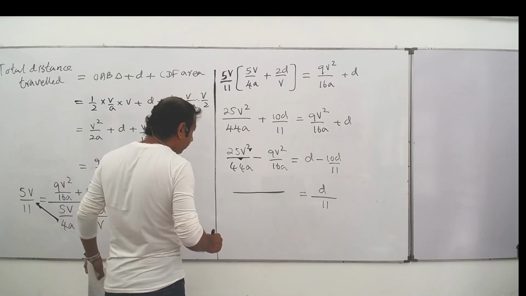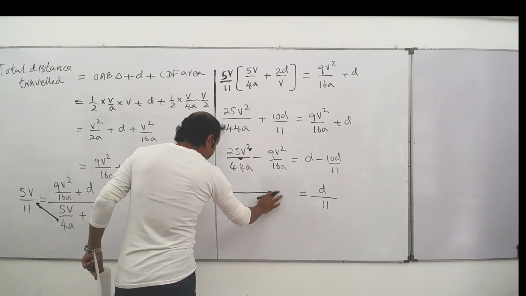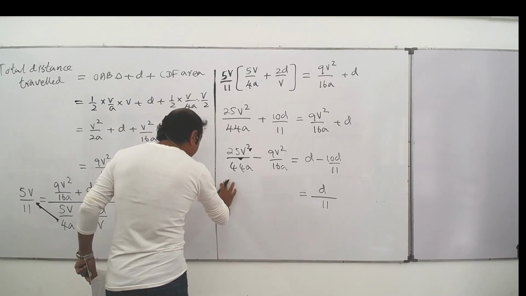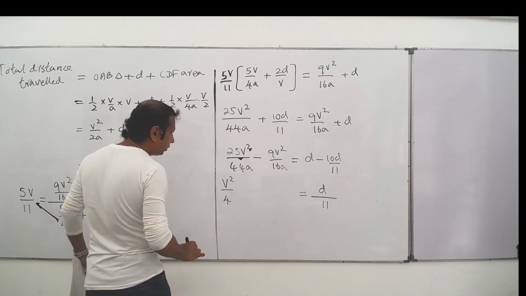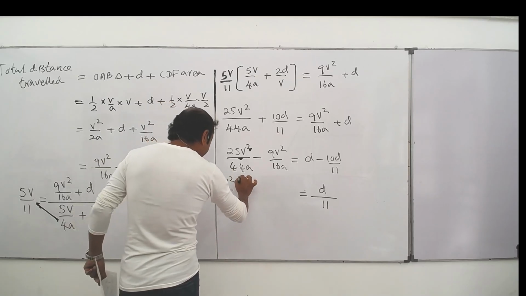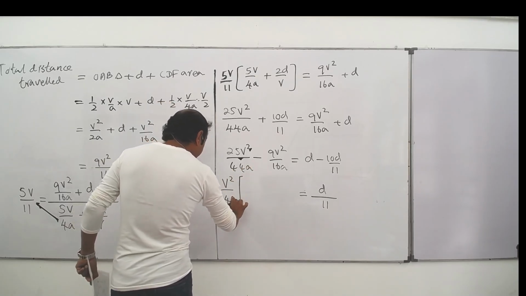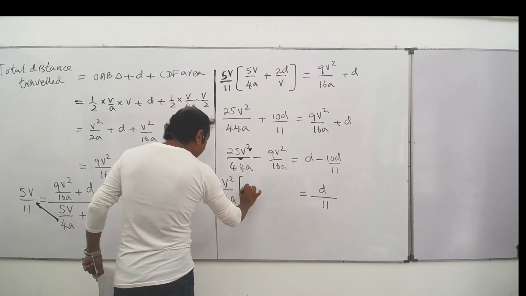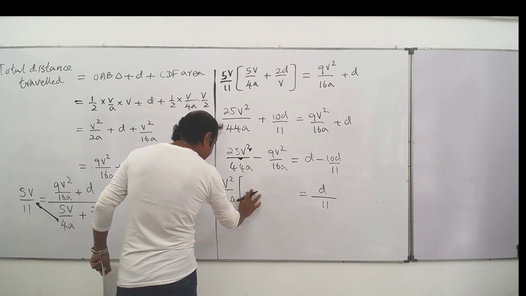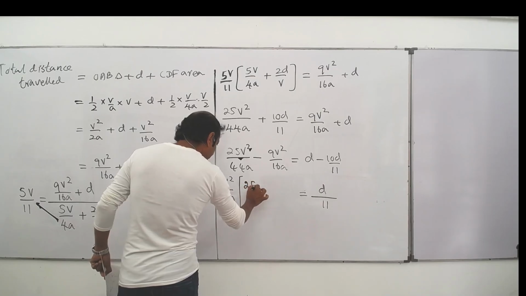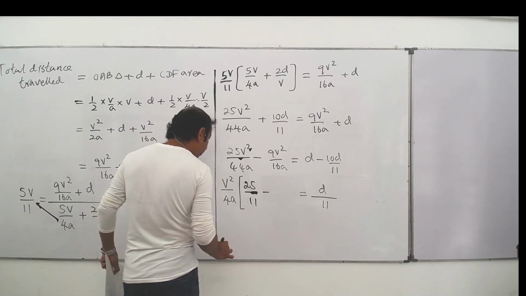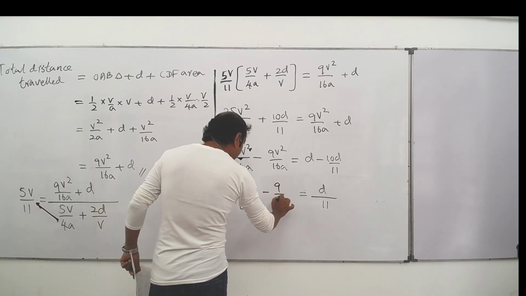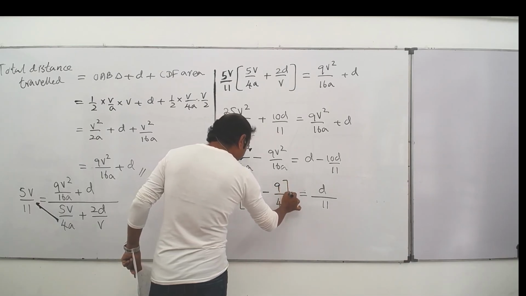First, from the numerator, we'll take V squared over, we'll take 4A out. Then here we get 25, and 11 here, minus 9 over 4.